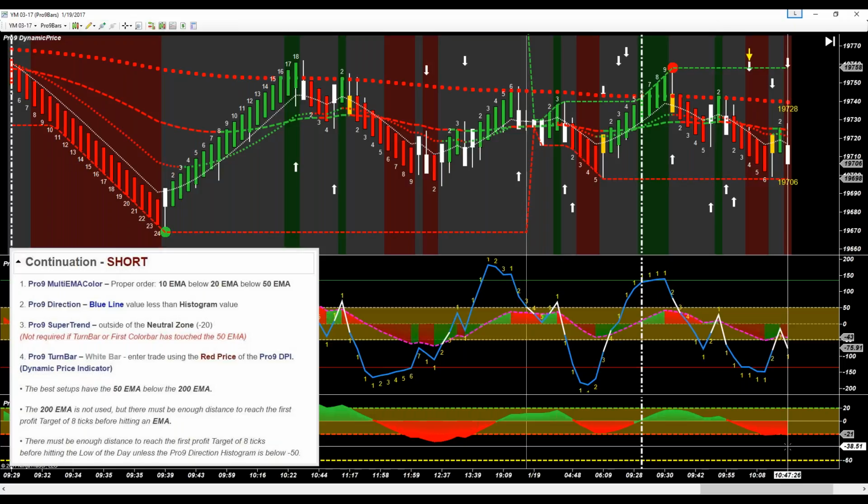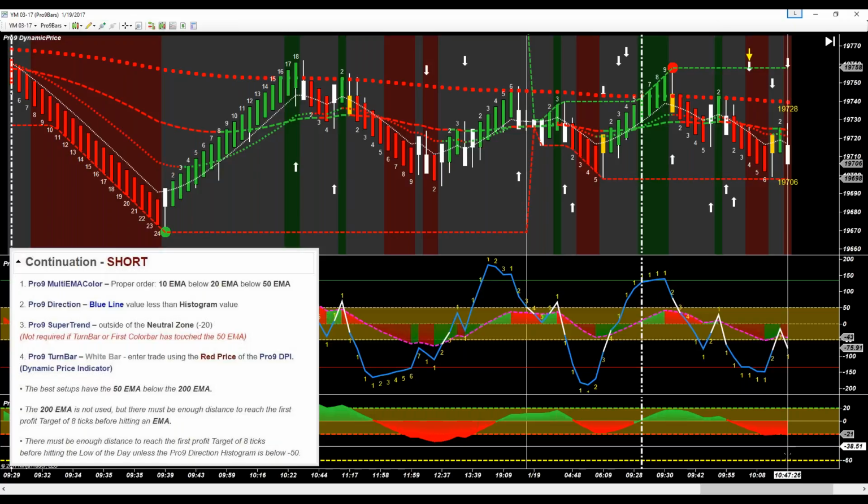For me, I say if I can look at the blue line and say, I'm 95% sure that's going to cross, I'll enter ahead of time. But if it's far, if it's 20 or 30 points away from getting to the correct side, I'll definitely wait to confirm, because I can always go for a retracement entry, or I can enter on the first color bar. And typically, the market does retrace to the turn bar entry price.